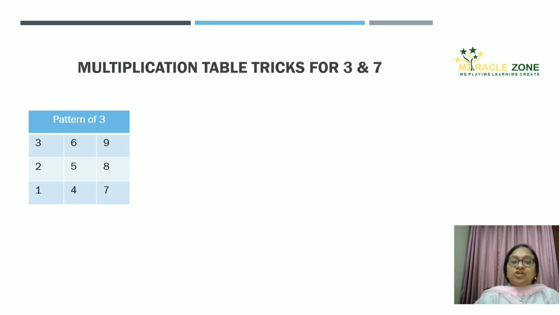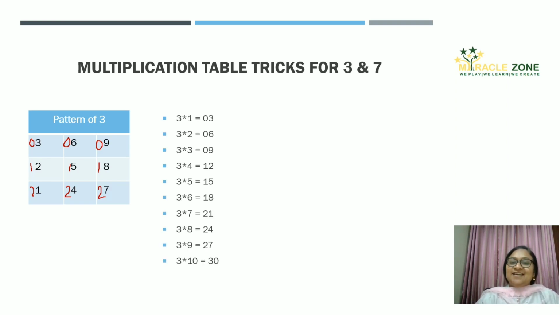In the first line, you have to add 0. Second line, you have to add 1. Third line, you have to add 2. And then 30.